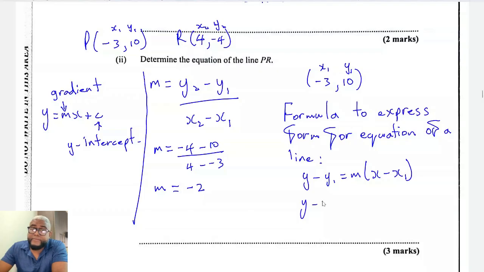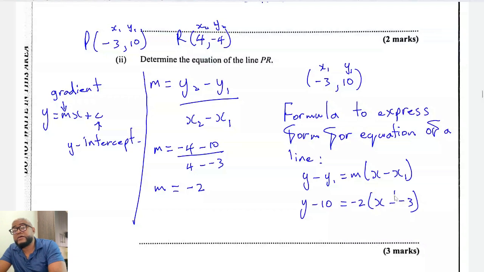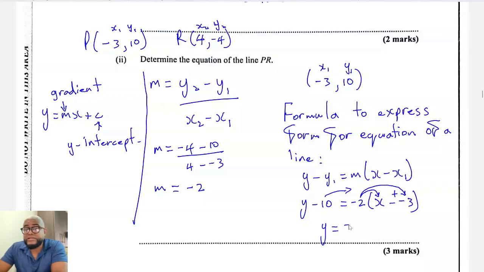y minus, what is y1? Is equal to, what is m? Open brackets, x minus negative 3. A negative and a negative is a positive, so remember this is plus 3. So let's work. We multiply negative 2 by x and negative 2 by positive 3. Let's remember that I'm moving this negative 10 over. So y is equal to negative 2x.